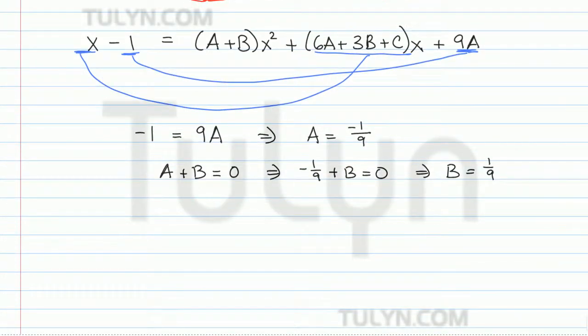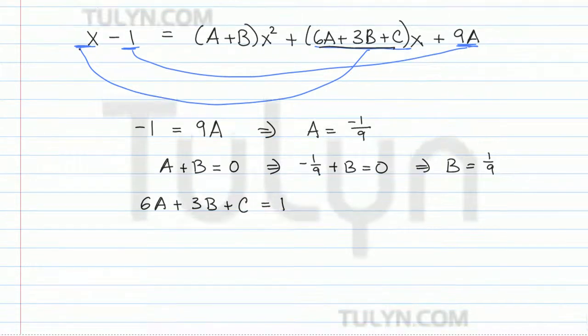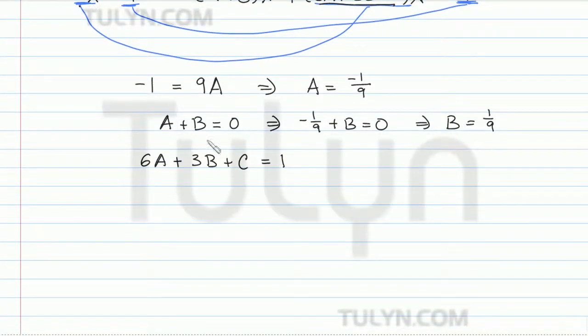And then finally, the last step is to plug our A and B into this third equation that we have for x and equate it to the coefficient of x on the left, which is just 1. So we know that 6A plus 3B plus C has to be equal to 1, because on the left it's just 1 times x, so on the right it has to be 1 times x. Since we know what A and B are, let's plug them in. So 6 times negative 1 over 9, plus 3 times positive 1 over 9, plus C has to be equal to 1.